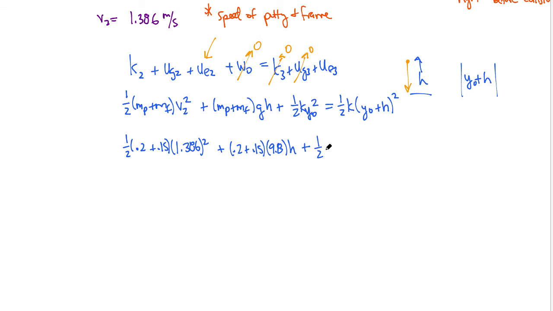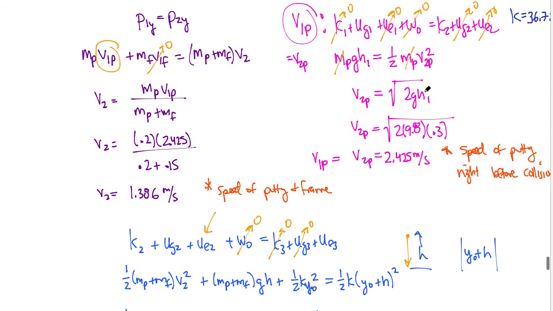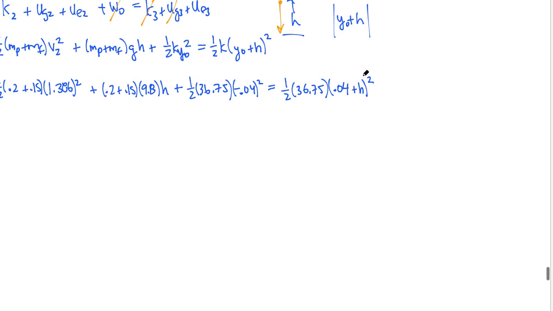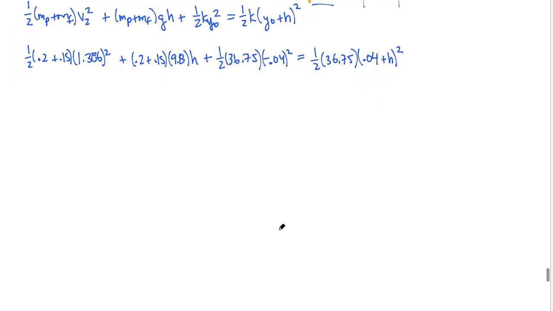Plus 1/2 our K, which we found to be 36.75, times our Y naught, which was negative 0.04 squared, equals 1/2 our 36.75 times, we'll just say 0.04 plus H squared. So it doesn't really matter if it's stretched or compressed. I need this to be a positive number.